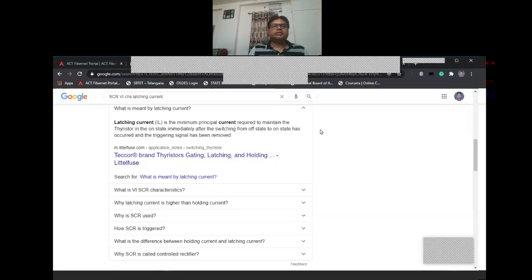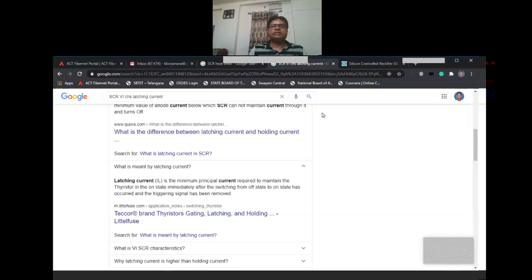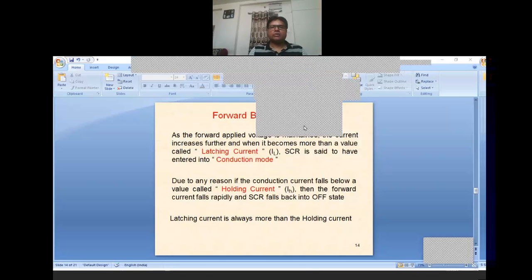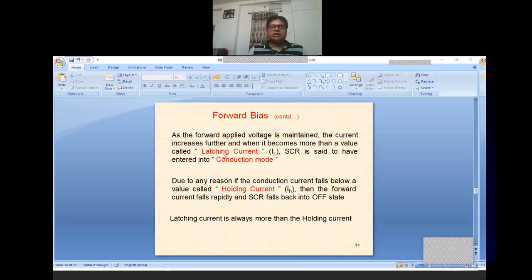Or you can also understand the latching current when coming from the off state as, the minimum current required to flow through an SCR, which will be required to pull the SCR into on state or conduction mode from the forward off state or blocking state once the forward breakover voltage is reached.